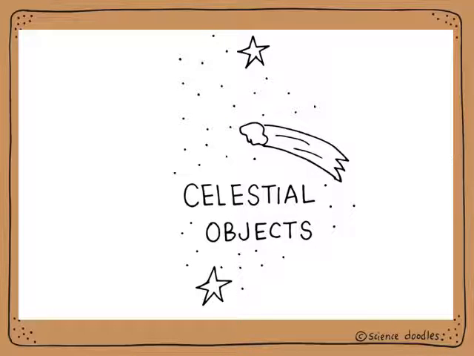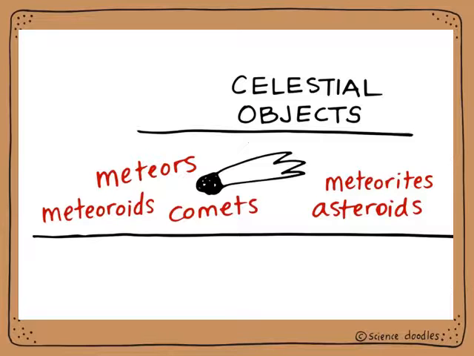Okay, so now we're into our notes. Some examples of celestial objects would be meteors, meteoroids, and meteorites. These are all three the same object, depending on where they're located. Comets, which is the picture here, and then asteroids as well.